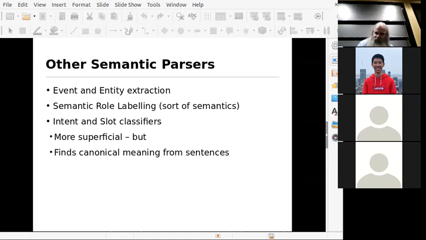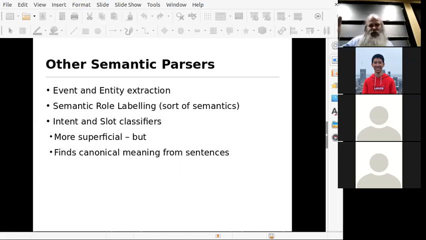We'd like to find the canonical meaning from sentences. That's fundamental, and that's really what we're doing in all of these. There's just random stuff that people say and they all mean the same thing. There are a thousand different ways of ordering pizza. All we actually want is to call the Python function that says order pizza and lists the toppings to be on it, and that's it.